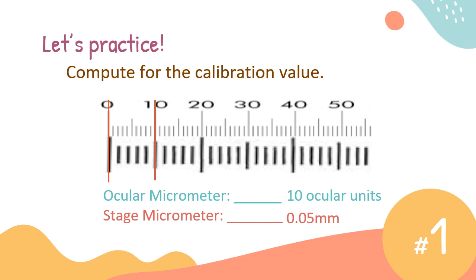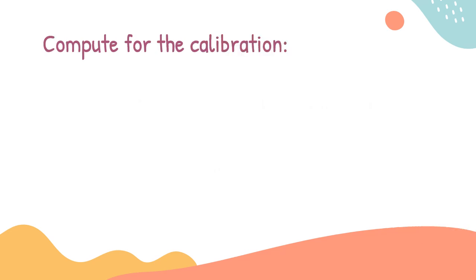We can now calculate the calibration. So after knowing the stage micrometer and ocular micrometer units, let's now compute for the calibration. Do you remember the formula? You must remember because I might ask in the exam.